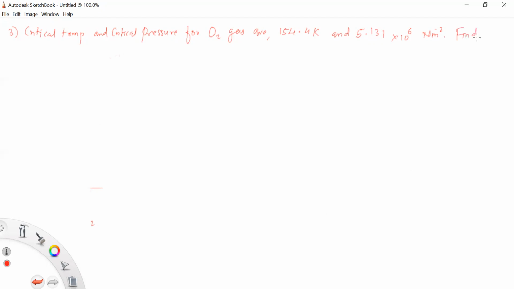Find the van der Waals constants, that is A and B, for oxygen gas, if R is equal to 8.31 joule per Kelvin per mole.